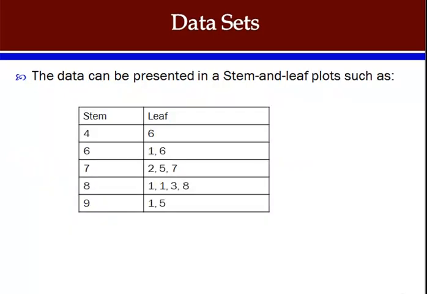Another way that data can be displayed is in what is called a stem and leaf plot. In the first column, you have what is called the stem, and in the second column, you have the leaf. In our stem column, we have 4, 6, 7, 8, 9. In our leaf column, we have a 6, then we have 1 and 6, we have 2, 5, and 7, followed by 1, 1, 3, 8, and then by 1 and 5.